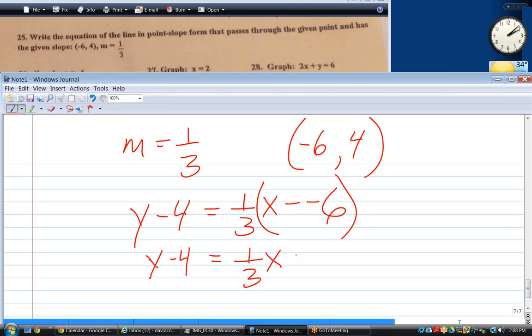I mean minus 2. 2 minuses make a plus. So it would be plus 2. Is that the final answer? No, 4 over here? Remember, we're trying to get it into y equals mx plus b.